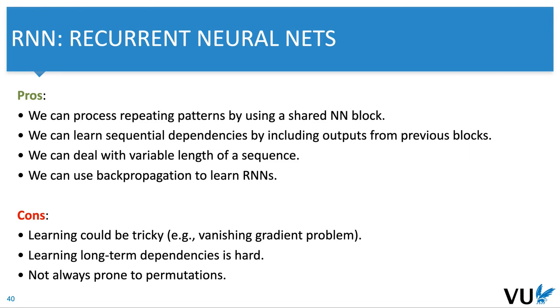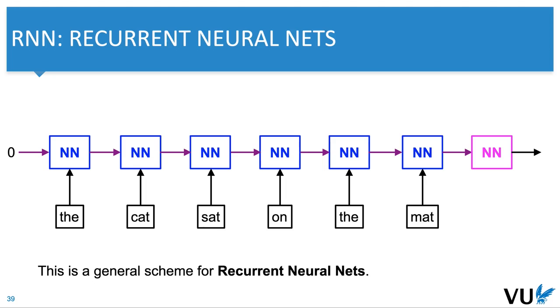And of course, we can also use backpropagation to learn a recurrent neural network. If we look at it as stacked neural networks, everything with this blue or magenta block is defined with forward and backward paths, so it's easy to calculate gradients in an automatic manner.